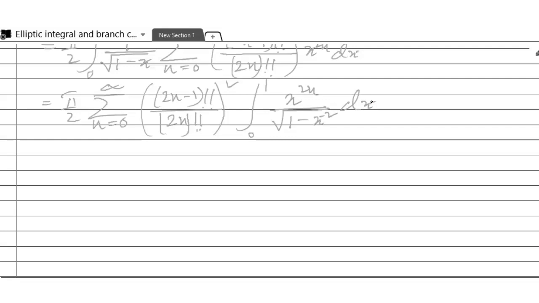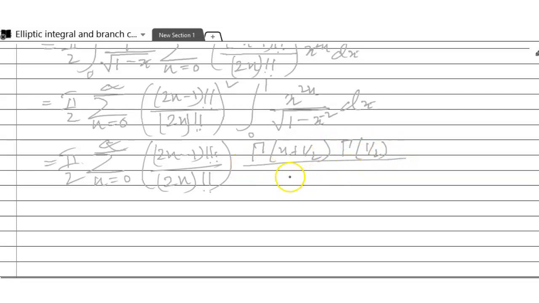And this is the beta function. It can be written this way: pi by 2 summation n equals 0 to infinity, (2n minus 1) double factorial divided by (2n) double factorial, gamma n plus half into gamma half divided by gamma n plus 1.